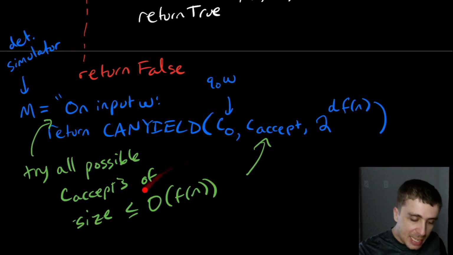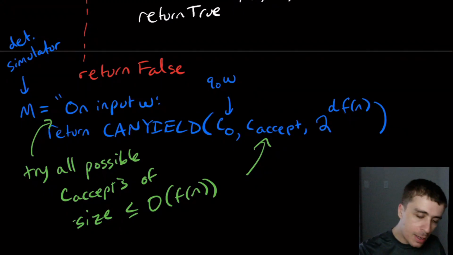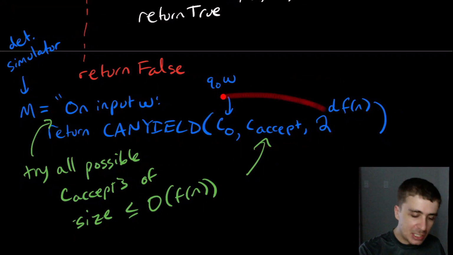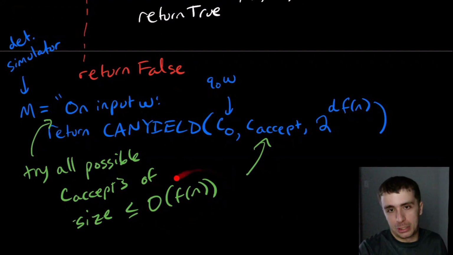And since each one of these calls uses f of n space, and this uses some amount of space, we'll determine what that is in a sec, that means that this is only increasing the amount of space we are using by a constant factor. Because this is certainly going to use at least f of n space, and so this is only going to add a constant to whatever that is.